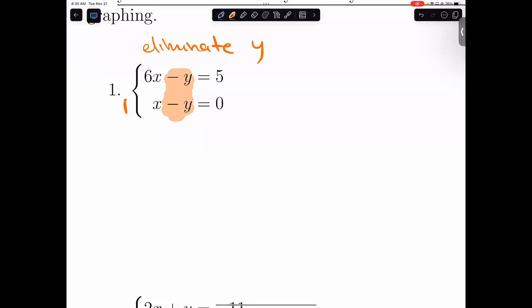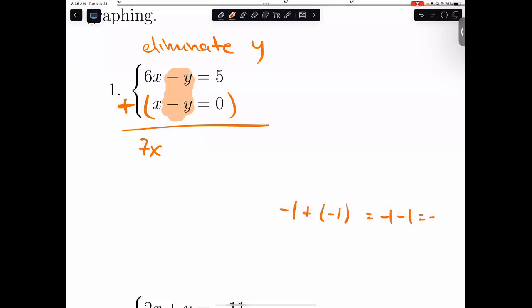Try adding them. 6x plus x is, what's negative y plus negative y? Right, okay, so that didn't do what we wanted it to. It gave us another equation that still has x and y in it. So instead of adding, because they're exactly the same, subtract.